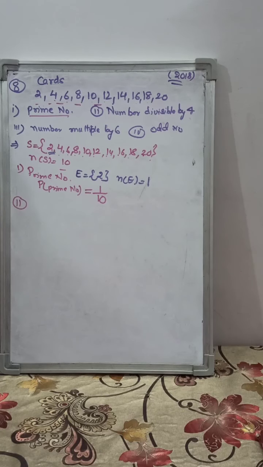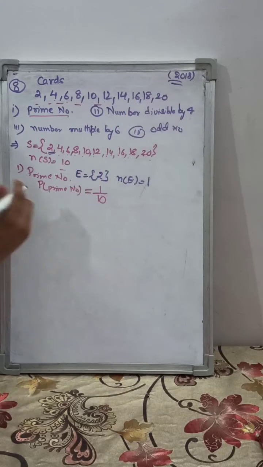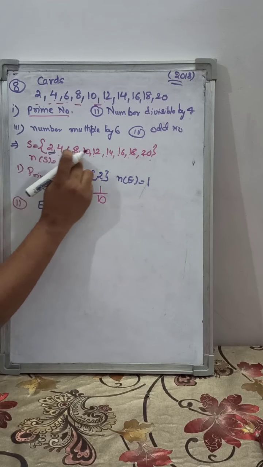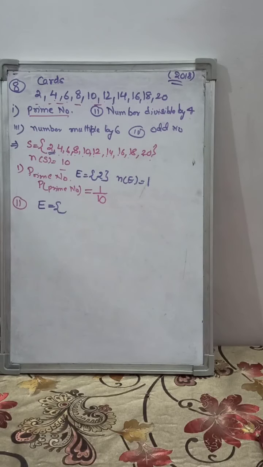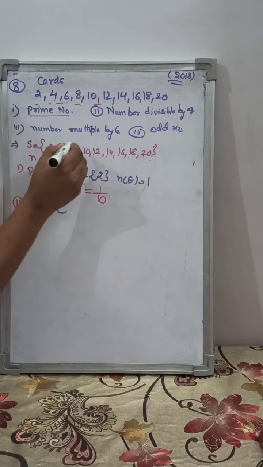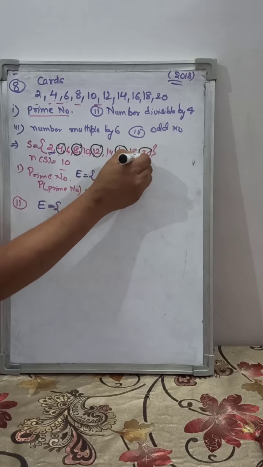Second part. In the second part, we have to find the number divisible by 4. We will take those numbers from the sample space which are divisible by 4. So first one will be 4, 8, 12, 16, 20.